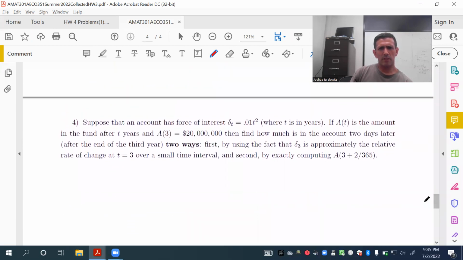Okay, last but not least, not too many people did this correctly. I did give a hint that you should watch the video that I made on how to do this problem.